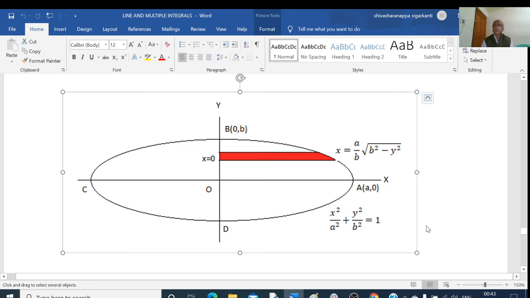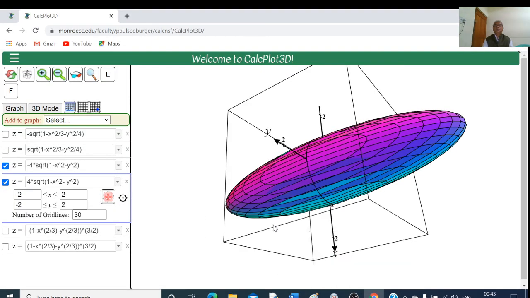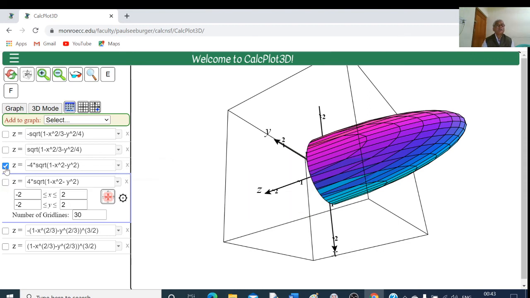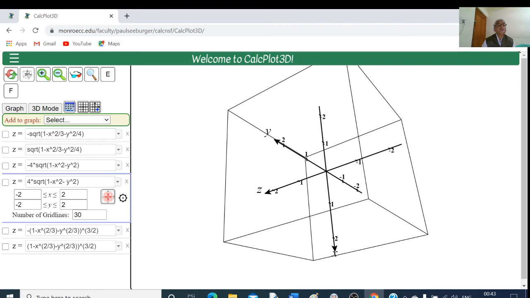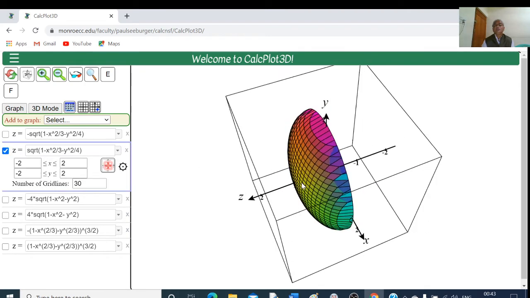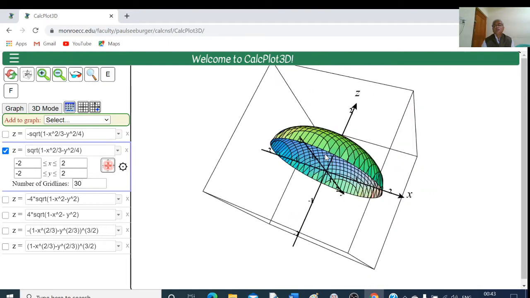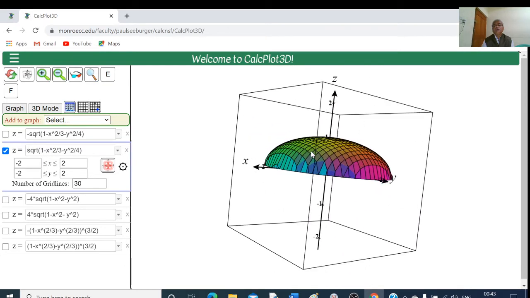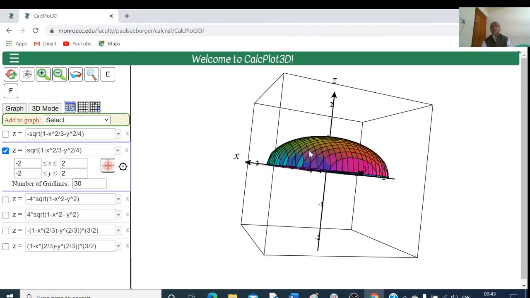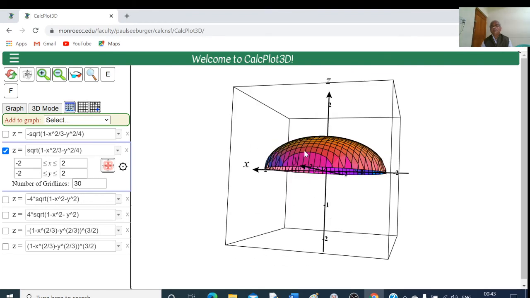Okay. Now, how does the figure look if it rotates around the y-axis? So if the upper portion, that is AB, rotates around the y-axis, I am getting this figure.